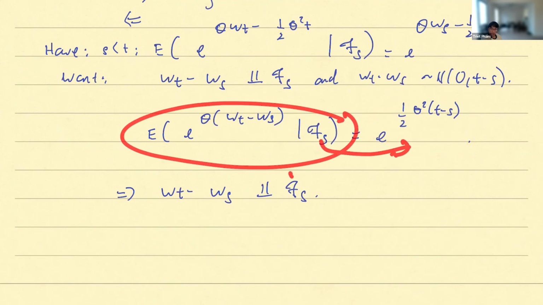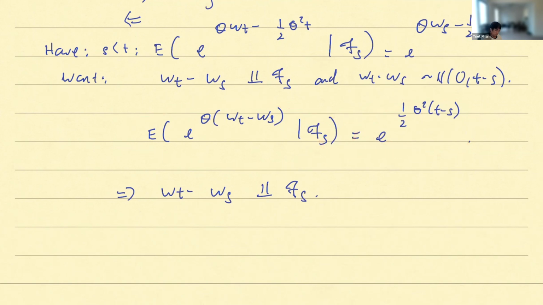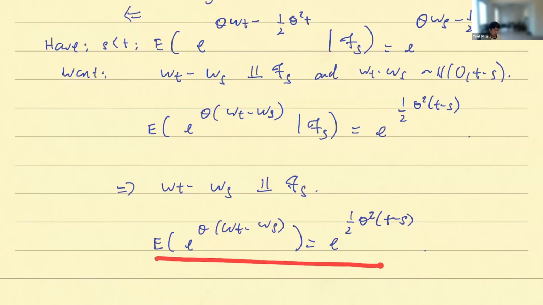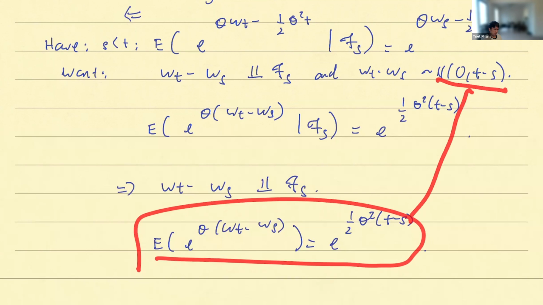So that means it's independent. But then you're home, because then you can drop the conditional expectation. And what do you see? You see the MGF of a normal with mean 0 and variance t minus s. There you go.